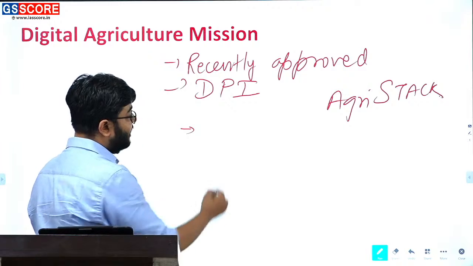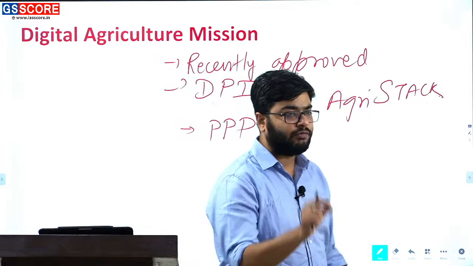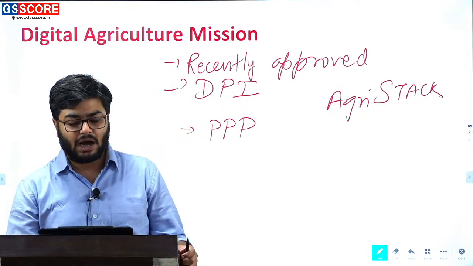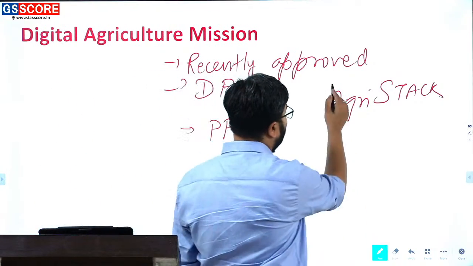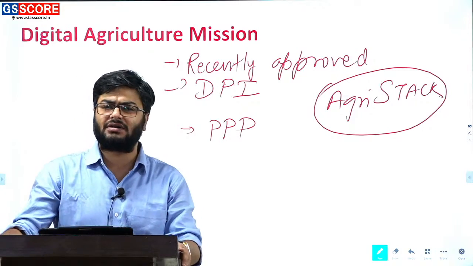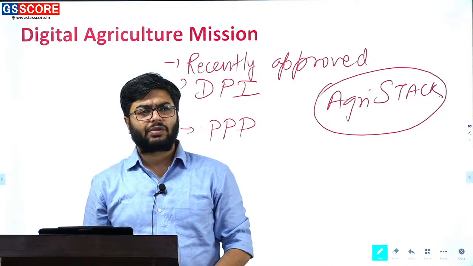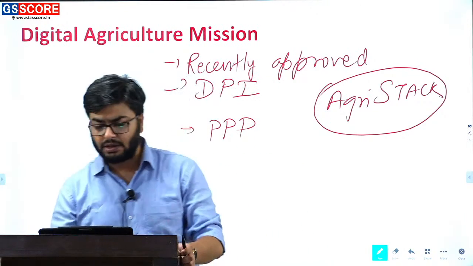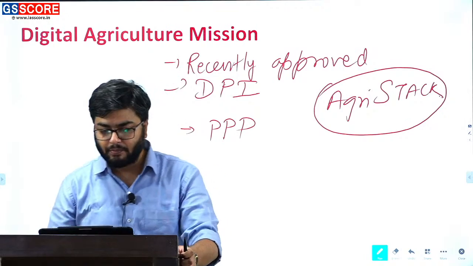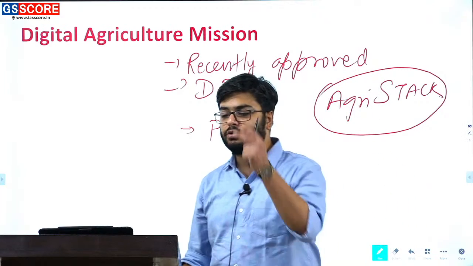Okay, again it supports the PPP as an idea along with real-time planning and monitoring. Now, like I said, it is linked to the AgriStack. So AgriStack is a digital infrastructure, like you have the Aadhaar card, to build a database which will have geo-referenced digital village maps, information about farmers, details about the crops that are sown.